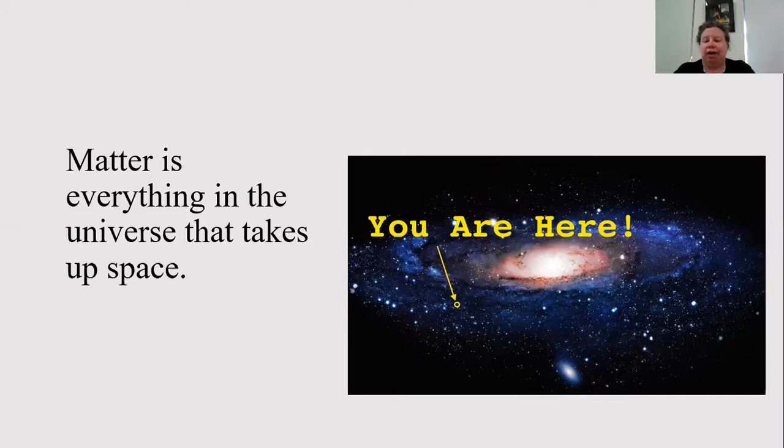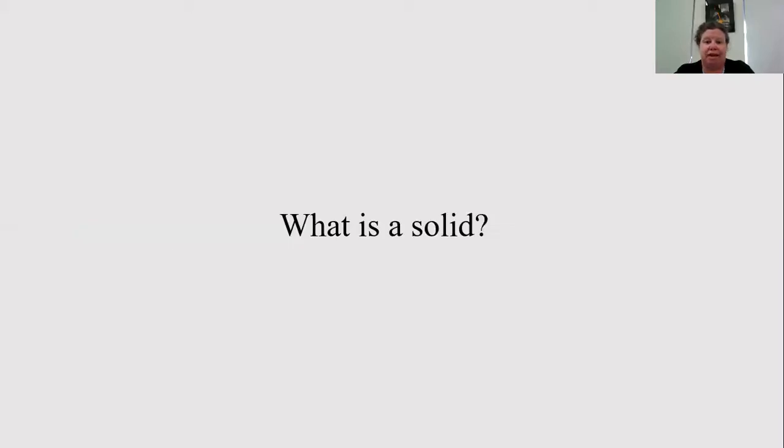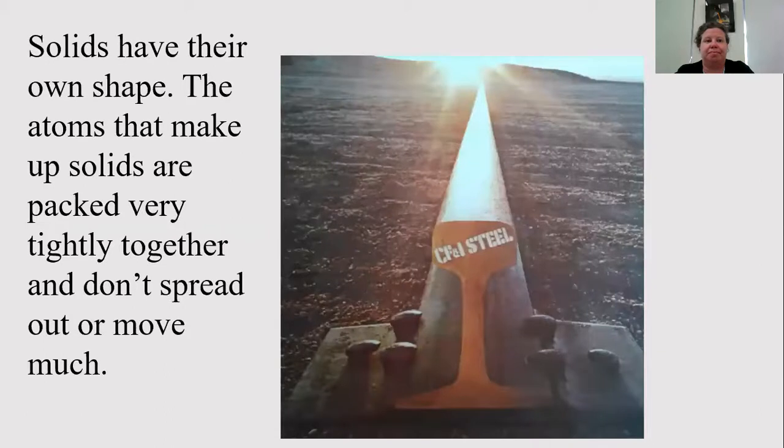And there are three main types, or scientists call them states of matter. One of them is called a solid. So does anybody know what a solid is? Well, a solid is something that has its own shape.